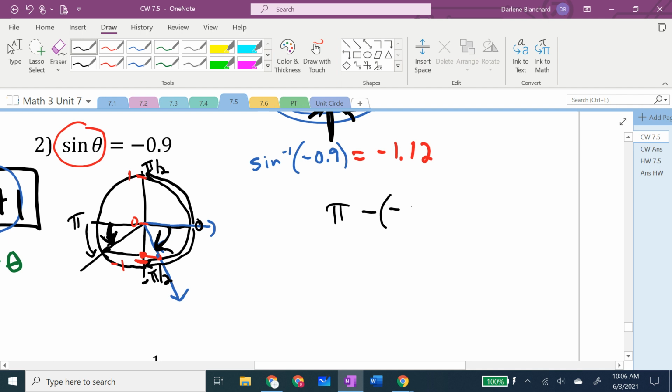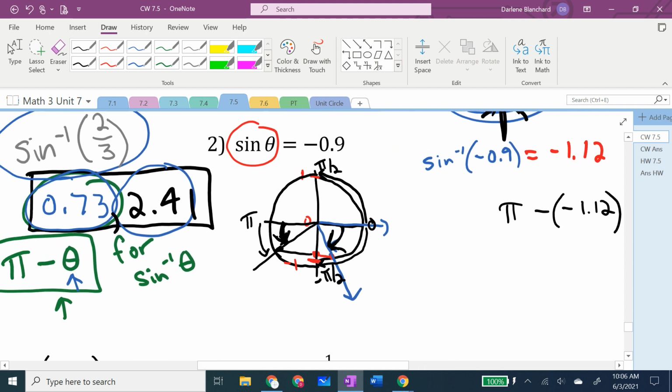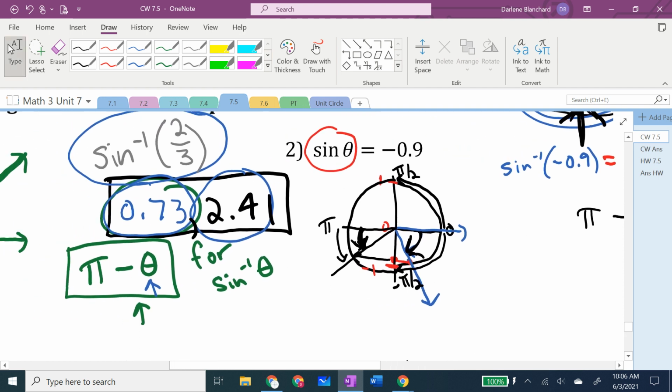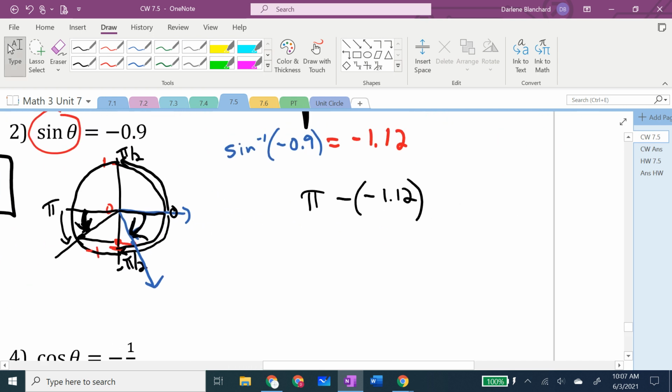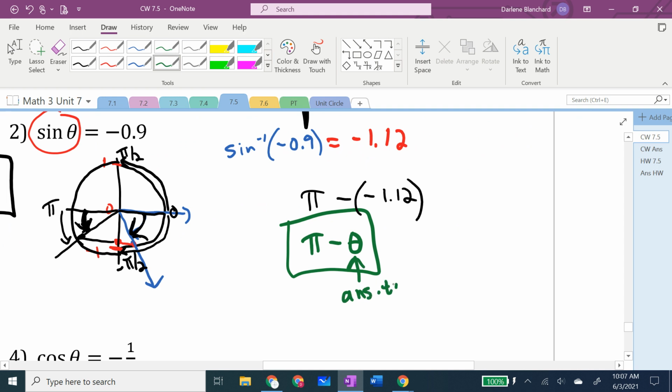So I want you to be aware that the formula does not change. If you are using inverse sine, pi minus the answer to your calculator will give you that second angle. That formula works 100% of the time, where this is the answer from your calculator.